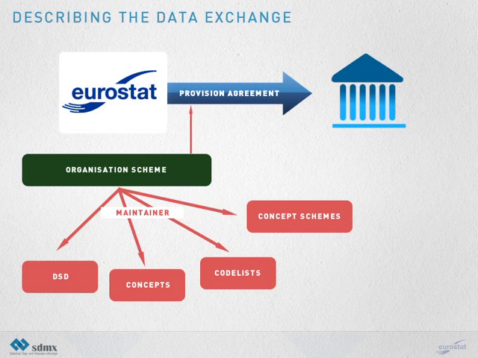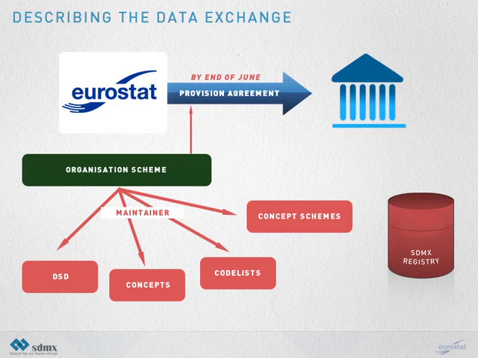Here, Eurostat is the data provider. The provision agreement might say that the table should be provided before the end of June, according to a specific DSD. To enable general access and ease of use, the information on the data structure and on where and how the data can be found is stored in an online resource, the SDMX registry.